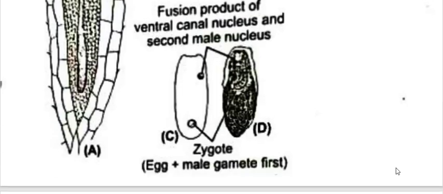In this diagram, it is shown that the fusion of the male nucleus with the egg produces the zygote, the diploid zygote nucleus, and the fusion of the ventral canal nucleus and the second male nucleus produces another cell which will not develop into an embryo. Only this zygote will develop into the embryo.